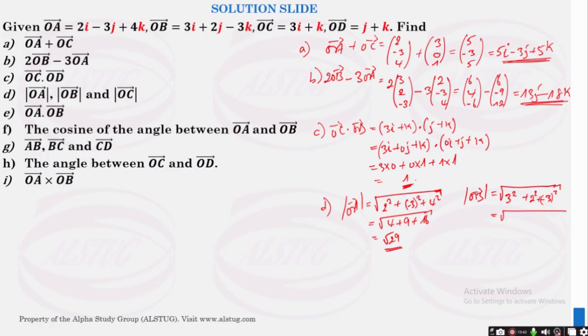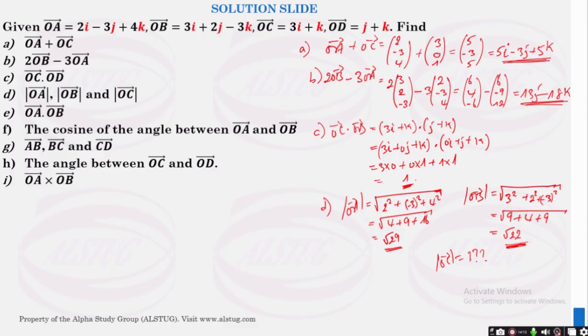This will give us 9 plus 4 plus 9. So we have 22, root 22. Can we simplify 22? 22 is 11 times 2. It doesn't have any square number in it, so that is our answer. I'm going to leave you to do the magnitude of OC.